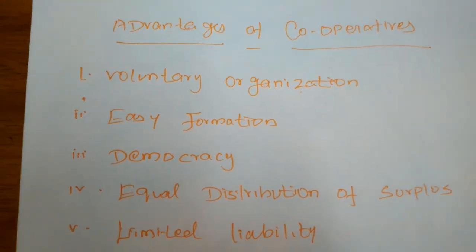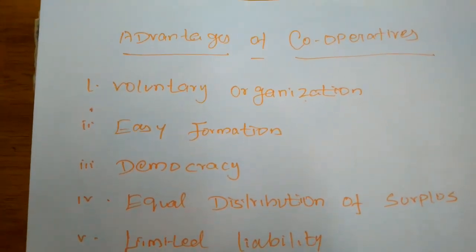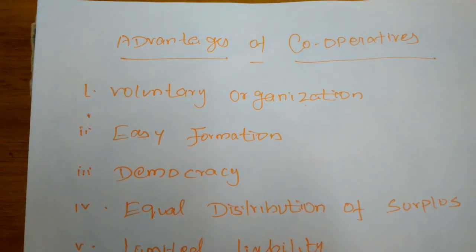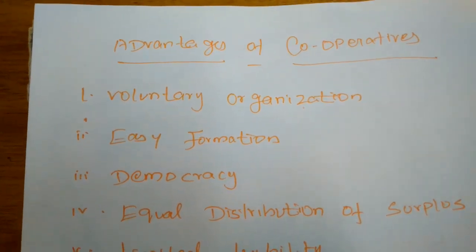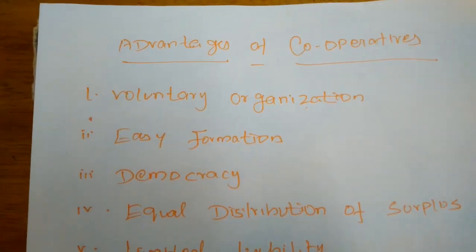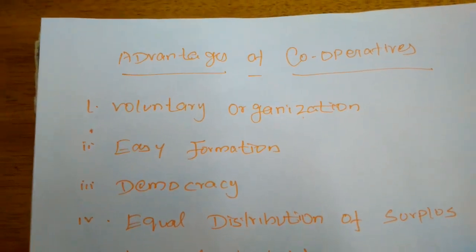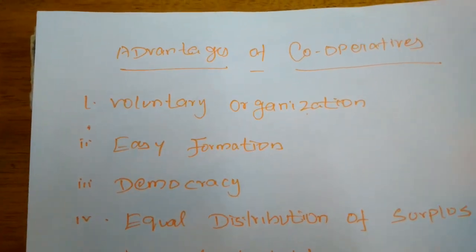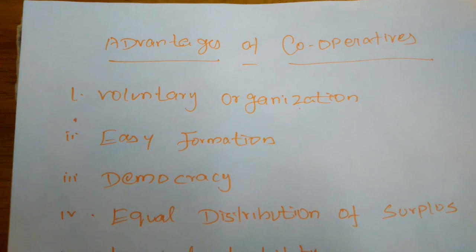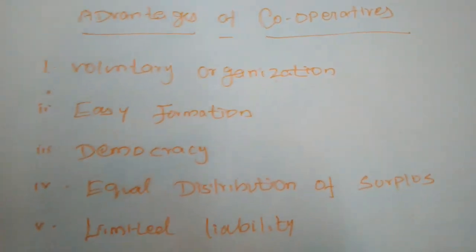The membership fee is kept low so that everyone would be able to join and benefit from the cooperative societies. At the same time, any member who wants to leave the society is free to do so. There are no entry or exit barriers in this cooperative organization.